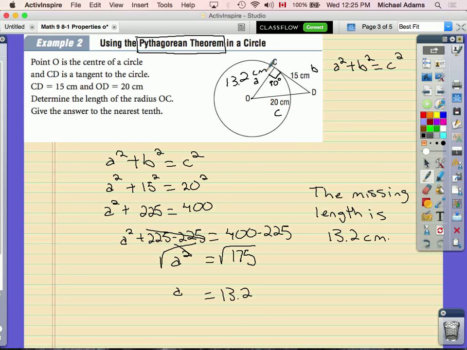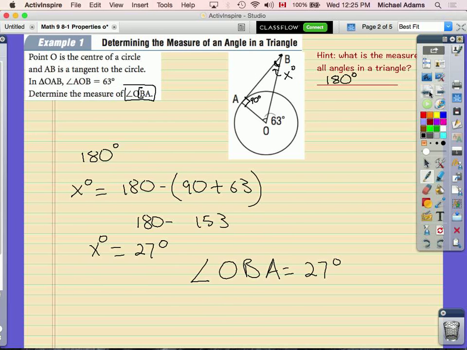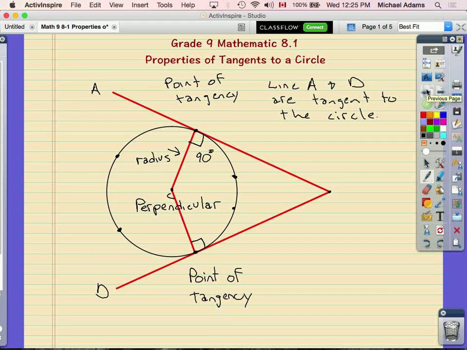Okay, that is basically it for today, just understanding how we use the tangent in solving problems. What I really need you guys to understand is that the tangent line right here is always perpendicular to the radius. And how do we identify a tangent line? Well, a tangent line intersects the circle only once.